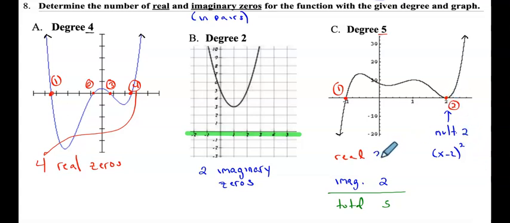So there's going to be 3 real zeros. So this one has 2 and, right, so there's 1, 2, 3, because it has a multiplicity of 2. So there's my 3 real zeros, and then 2 imaginary zeros somewhere along the line on this graph, and a total of 5. And again, the imaginary zeros here must be in pairs.